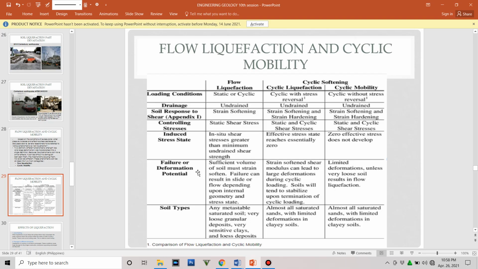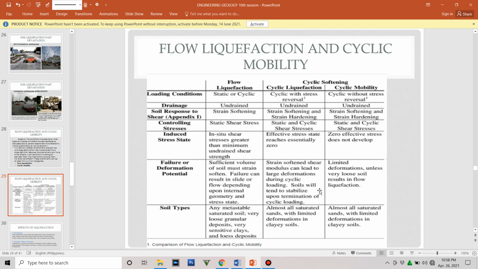So failure or deformation potential. For flow liquefaction, sufficient volume of soil must strain soften. Failure can result in slide or flow depending upon internal geometry and stress state. For cyclic liquefaction, strain softened shear modulus can lead to large deformations during cyclic loading.